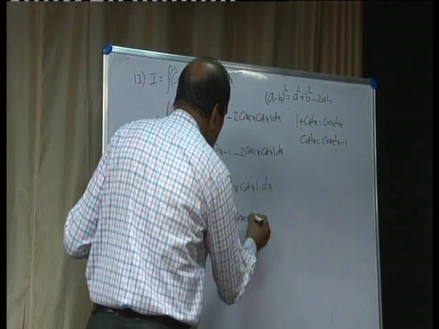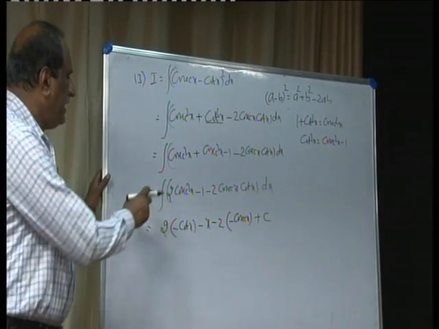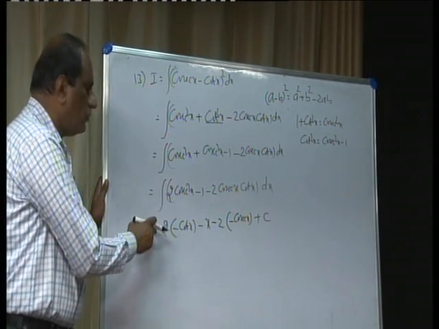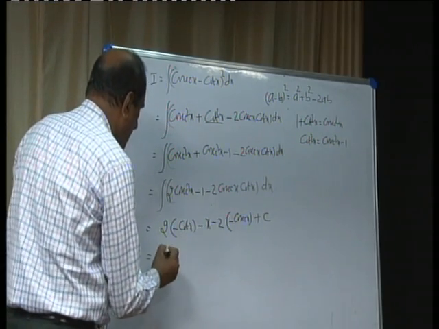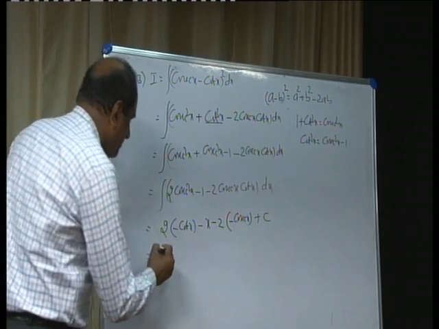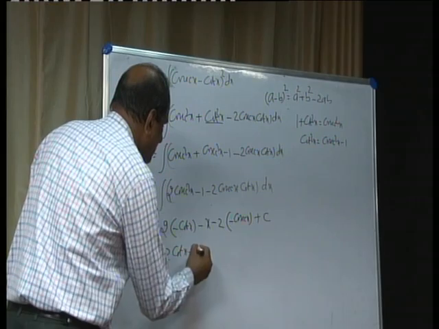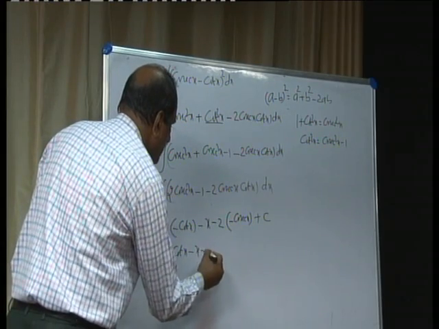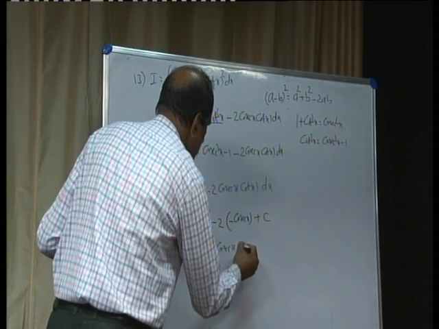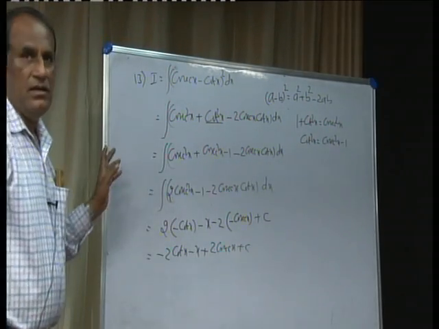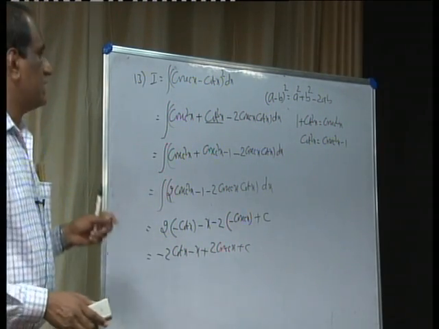After integration write c. After integrating each term of the integrand, don't write the integral symbol, write only c. Now remove the brackets: plus into minus, minus 2 cot x, minus x, minus into minus, so plus 2 cosecant x, plus c. So this is the procedure for a binomial raised to power 2 connected with the minus sign.